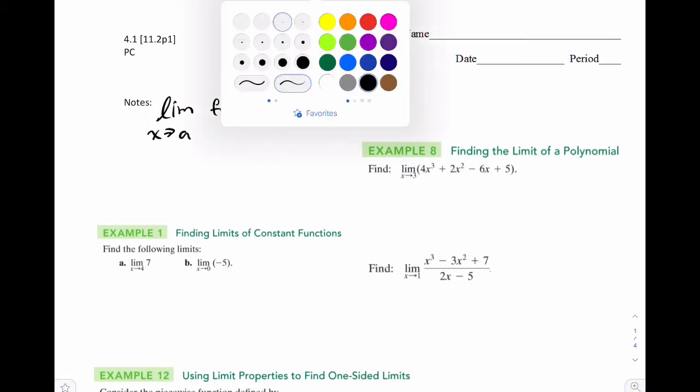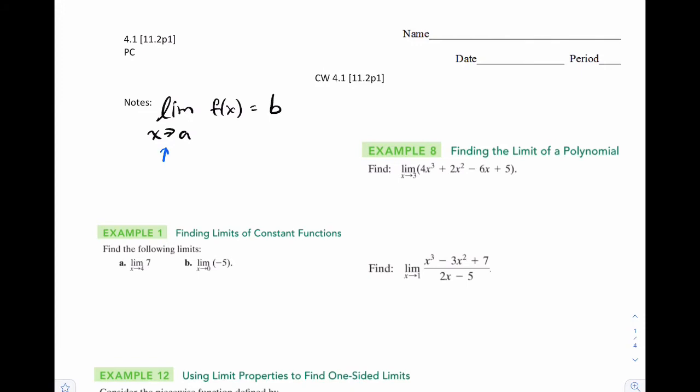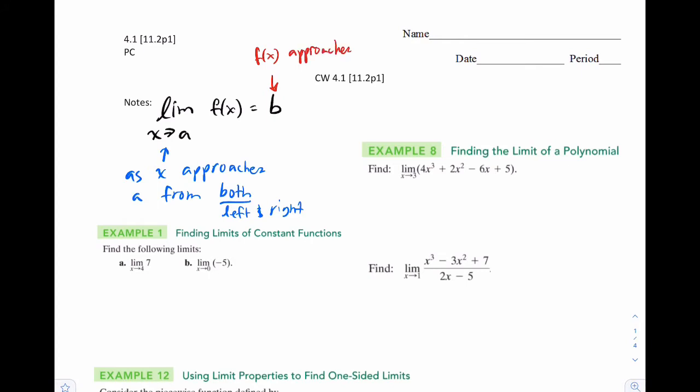So for example, this bottom part is going to mean as x approaches a from both the left and right, and then this part right here is going to be f of x approaches b.